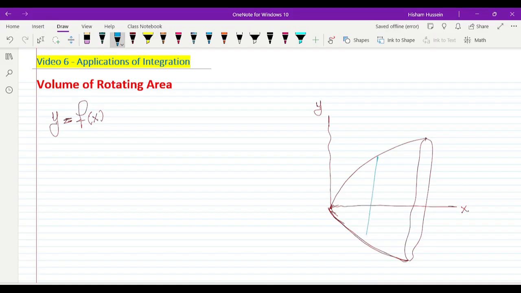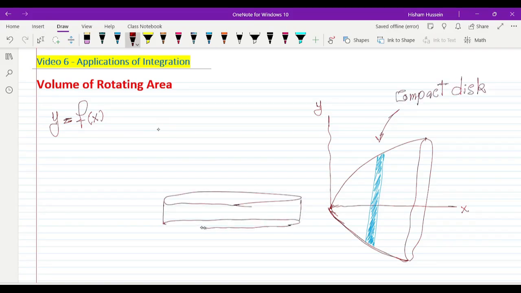Here we take a cross section of this shape. This cross section is in the form of a compact disc. It has a thickness, corresponding to the height of this cylinder.